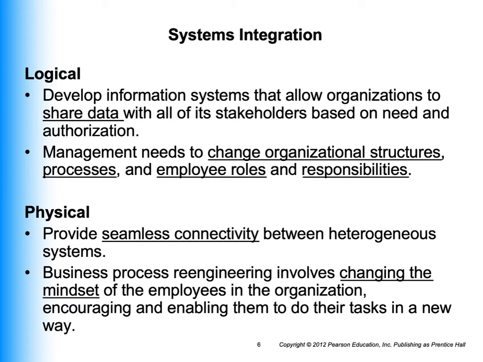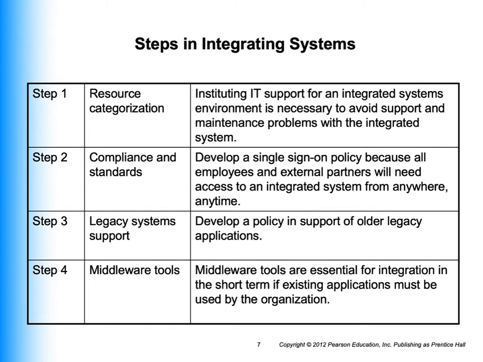Next, take a look at the steps of integrating IS. First, we need resources, so things like support and maintenance of the system or the existing system. Next, we have compliance and standard.